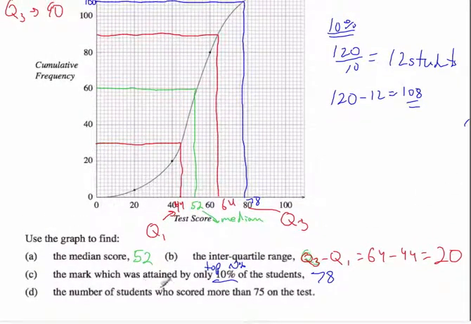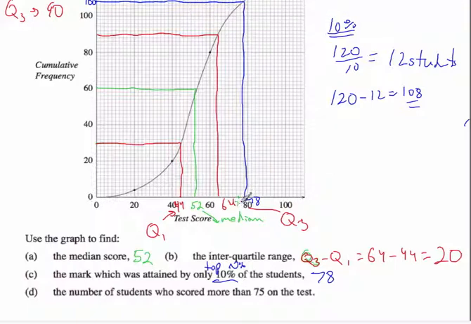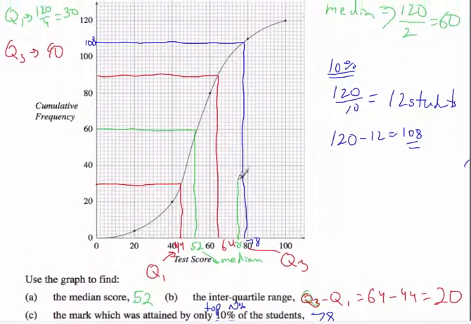Okay, so lastly, the number of students who scored more than 75 on the test. So we'll start off with a test score of 75, which is, well, that's 78. That's 76. 75 is right there. So I'm going to go up here. You should use a ruler for this. I'm trying to stay in the middle of these two bars here, which is kind of halfway between those bars.